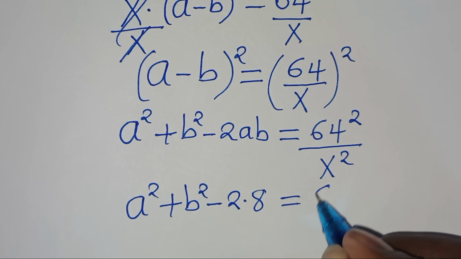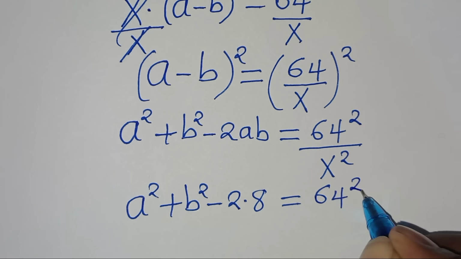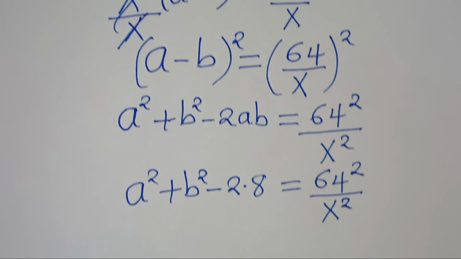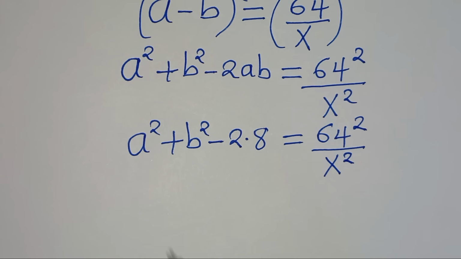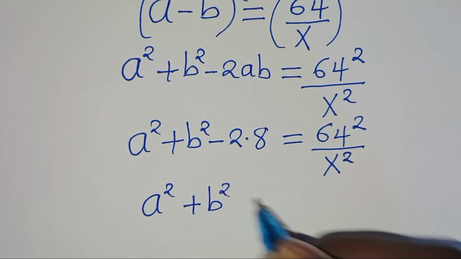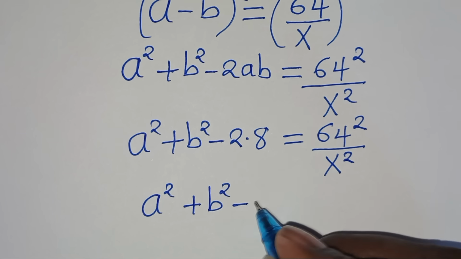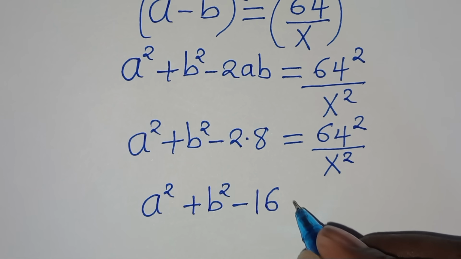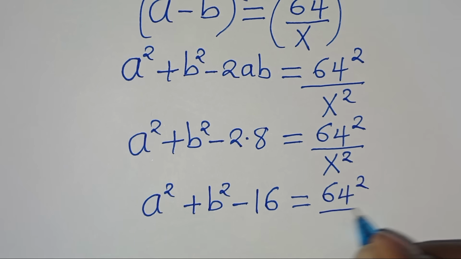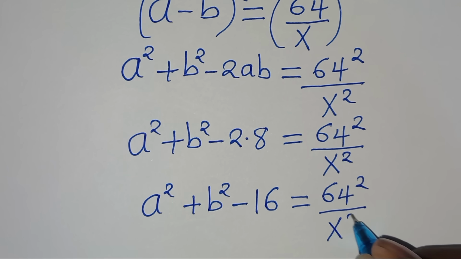This is equal to 64 raised to the power of 2 divided by x to the power of 2. So this means we have a to the power of 2 plus b to the power of 2, subtract 2 times 8, which is 16. And this is equal to 64 squared divided by x to the power of 2.